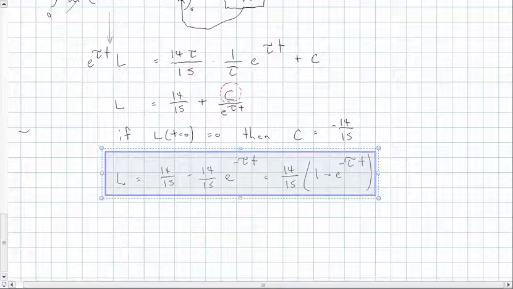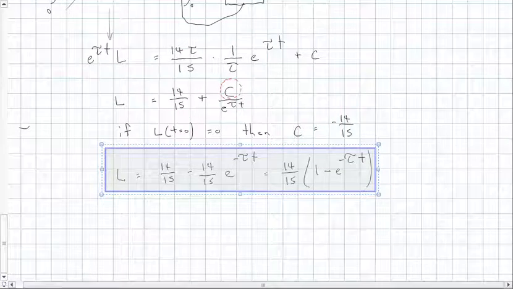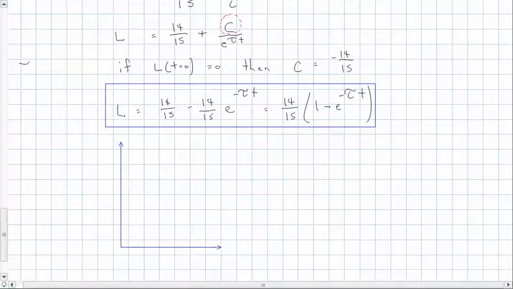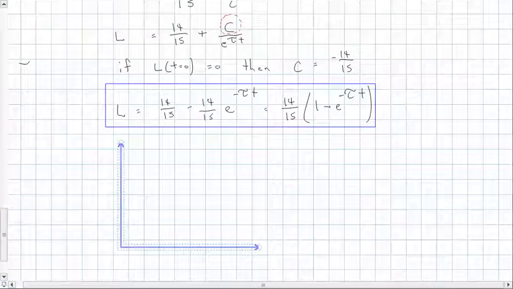Now, before I go further and explain other approaches, how would we expect this to behave? So I think it's a good idea to try to think about it. Let's mark this as time. I'm sorry, this says L, the height, and this is time.